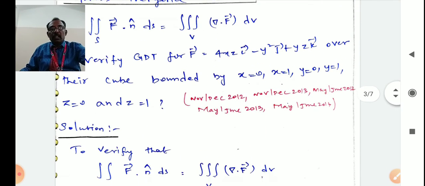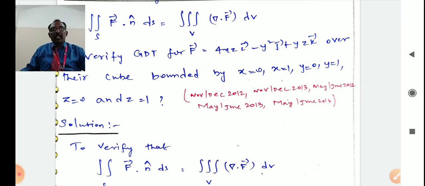Question is, verify Gauss divergence theorem for f vector is equal to 4xz i vector minus y square j vector plus yz k vector over the cube bounded by x equal to 0, x equal to 1, y equal to 0, y equal to 1, z equal to 0 and z equal to 1.